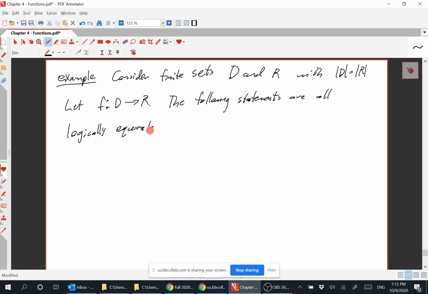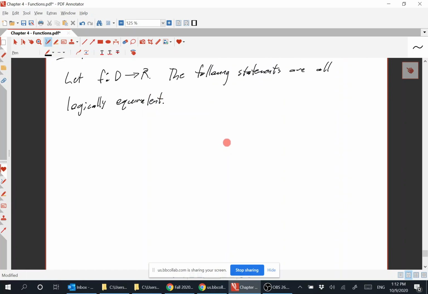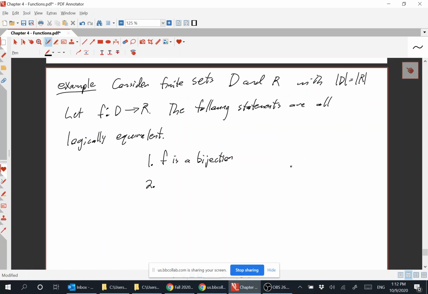One, F is a bijection. What was the definition of bijection again? Being both surjective and injective. Yeah, F is surjective and F is injective, with 'and', not 'or'.